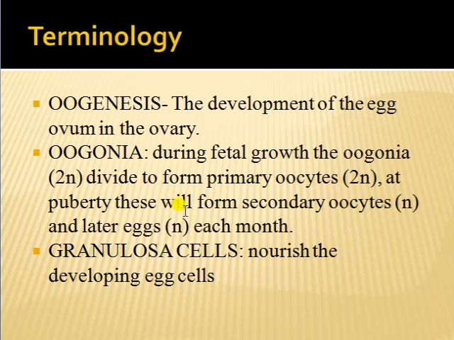At puberty, these form the secondary oocytes through meiosis, so that it forms a single N. The granulosa cells present around the oogonia nourish the developing egg cells.